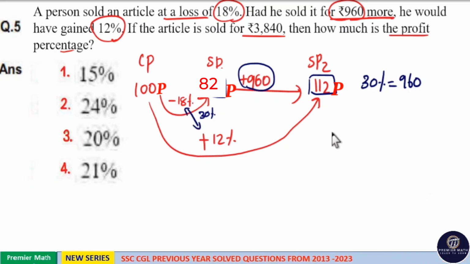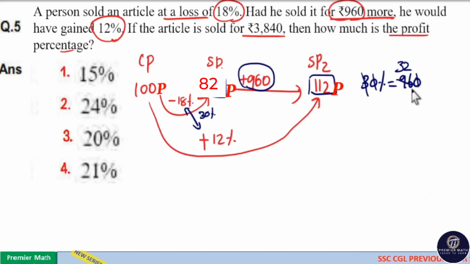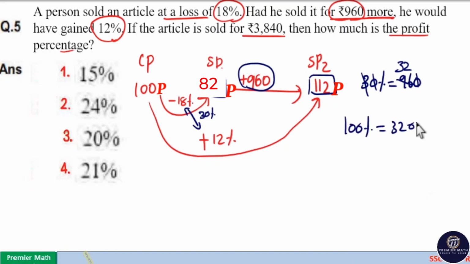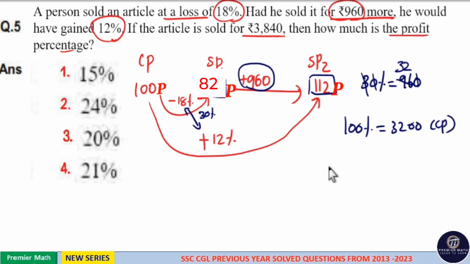So 30% is 960 means 3 goes 32 times in 960. So 1% is 32 means 100% is equal to 3200, which is the cost price.